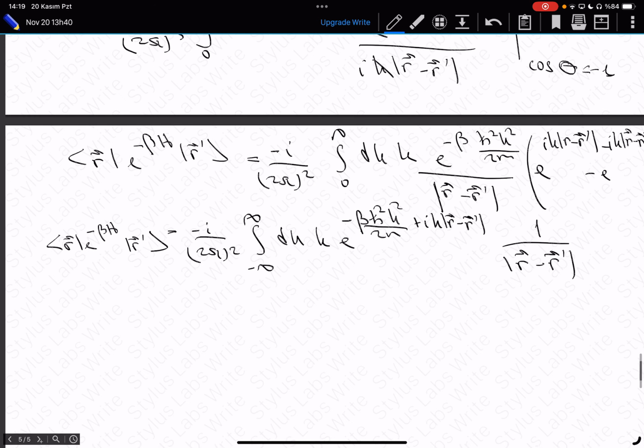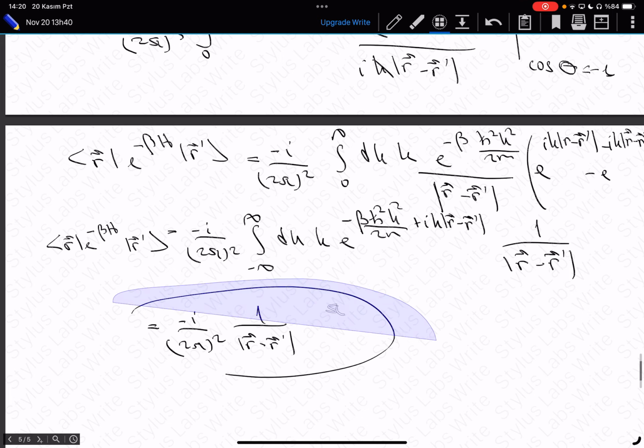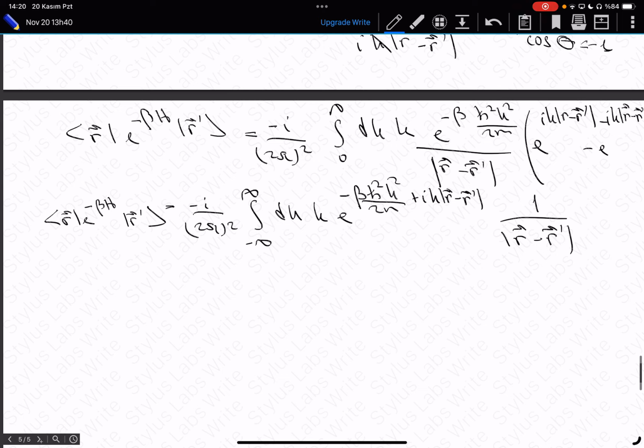So what is this integral? How do we evaluate that integral?